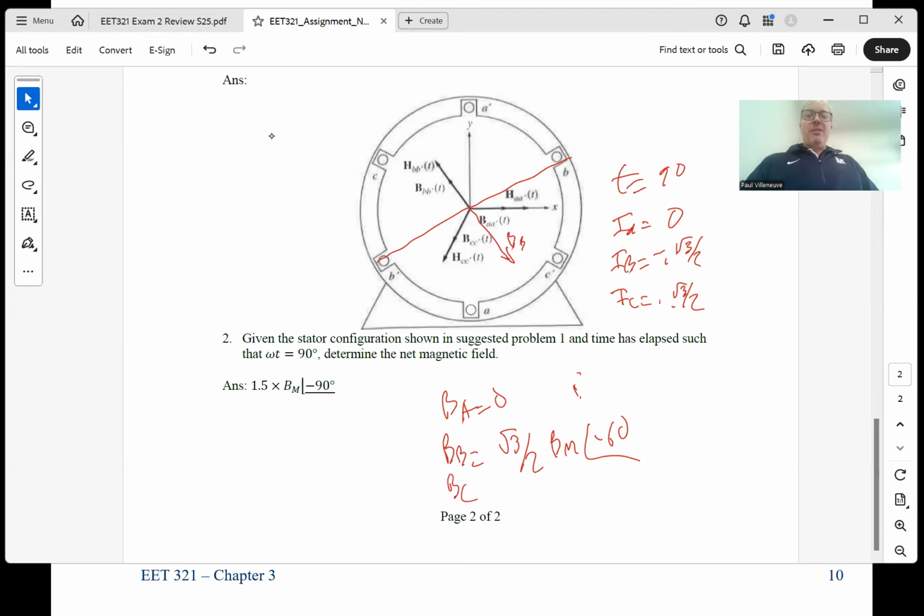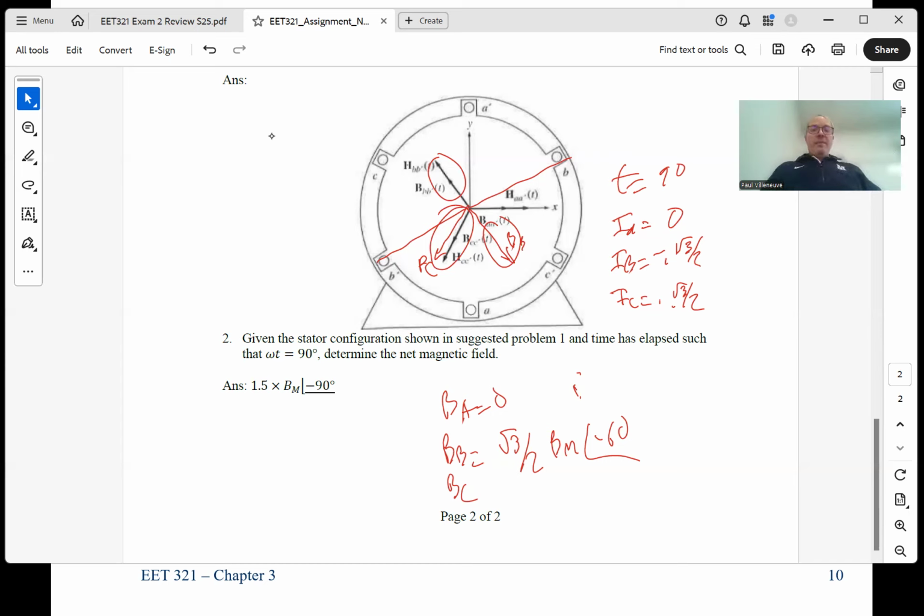Now to do B sub C, which is going to have positive current going into the C winding. So positive current goes in here. My magnetic field is going to be in this direction, B sub C here. You notice that they're either in the same direction or in opposite directions of those base ones, right? Because the current is going in the positive direction.